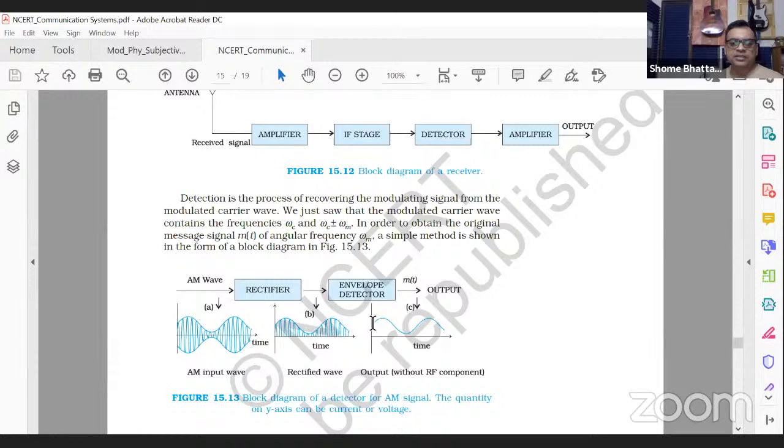So it will become like this. Then it will go through what is called an envelope detector. The envelope detector detects only the envelope of the amplitude. It removes the carrier frequency. So ultimately you can see the modulating signal that we had at the input stage, which we used to modulate the carrier wave. That signal is what we are getting after you pass it through the envelope detector.